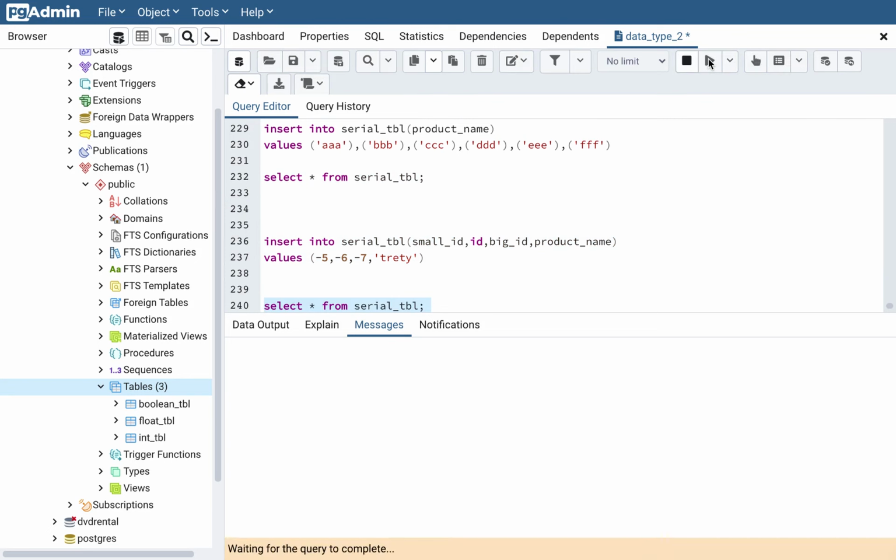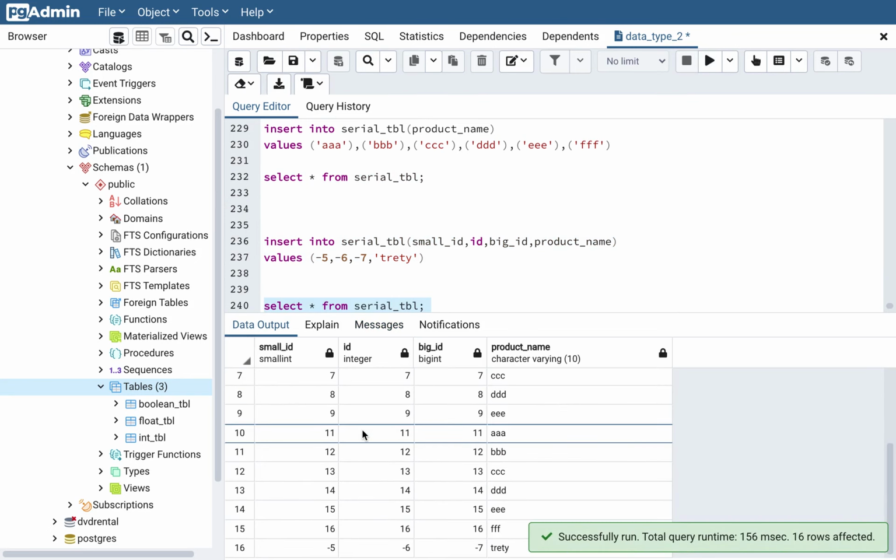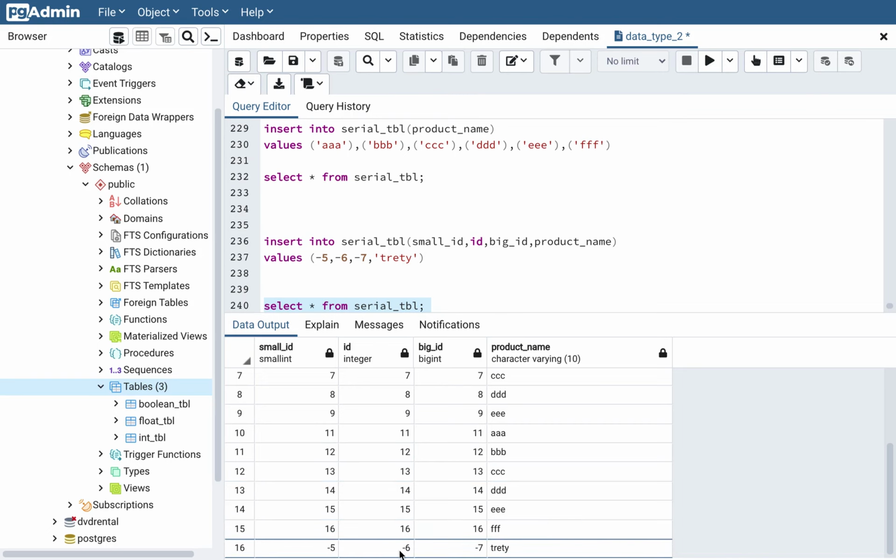Now the moment I execute this, you see negative values are there. You will notice -5, -6, -7. So serial also accepts negative values. Always remember that. Serial data type also accepts negative values if the value is explicitly inserted by the user.